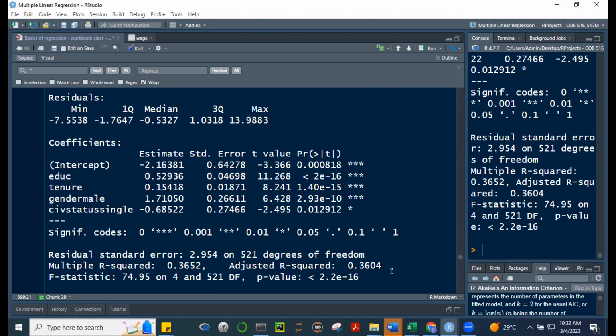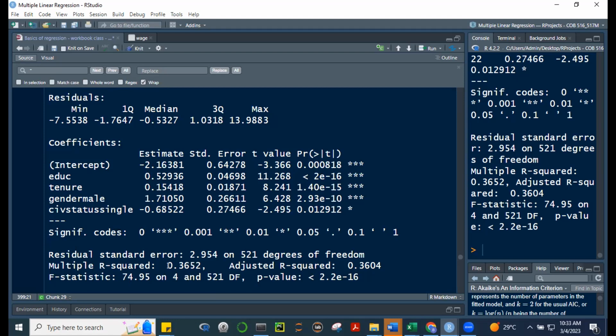We might be tempted to say that we will choose the model that has the higher adjusted R squared. Because what we know is that the adjusted R squared is the proportion of the variability of your dependent variable that can be explained by our model. So theoretically, the higher the adjusted R squared, the better.